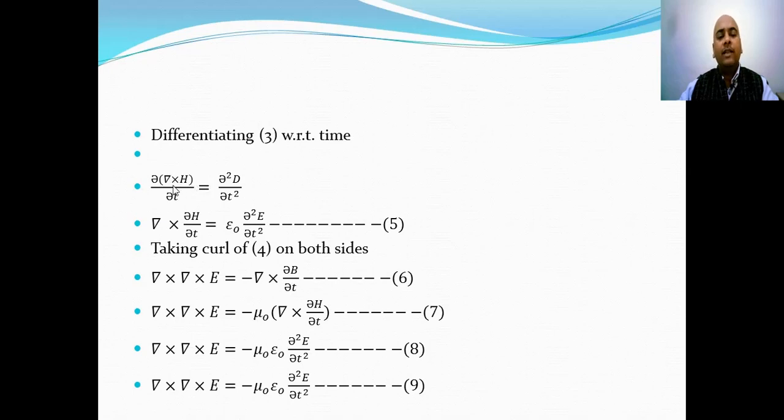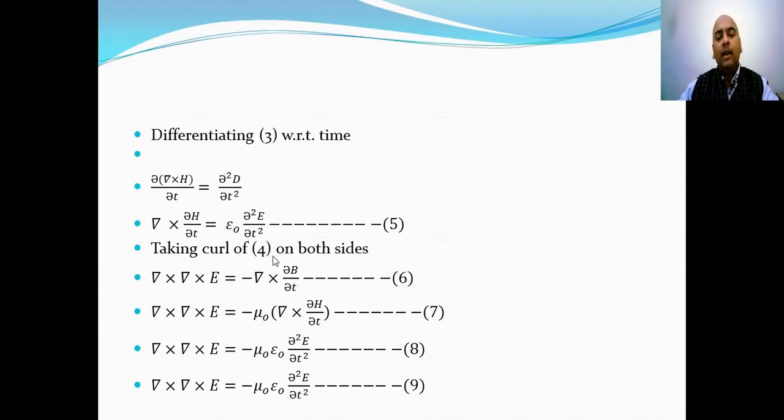So we can write this equation as curl of ∂H/∂t is equal to epsilon naught ∂²E/∂t², where E is the electric field, because we know that D is equal to epsilon naught into E.